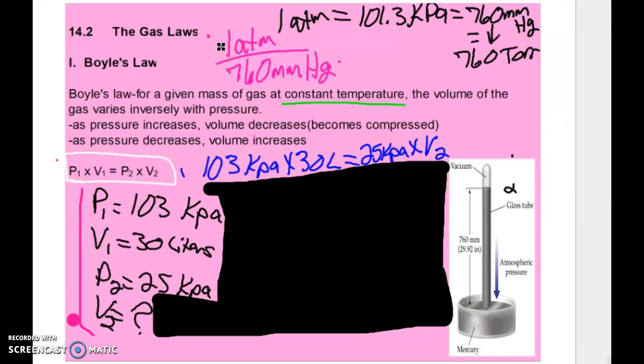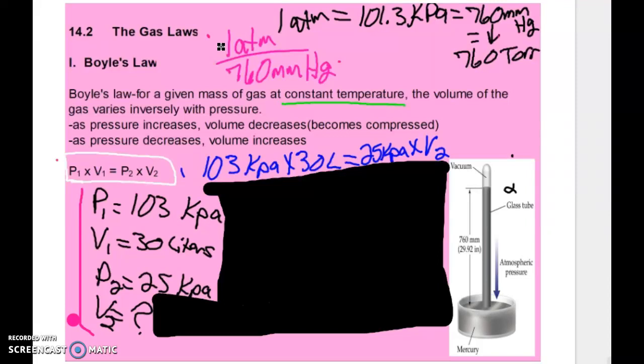So just remember what you started with. We're using kilopascals, so we just need to be consistent all the way through. 103 kilopascals is pressure 1, volume 1 is 30 liters, and pressure 2 is 25 kilopascals, and we are trying to solve for volume 2.